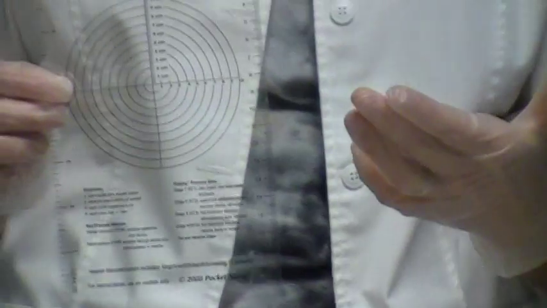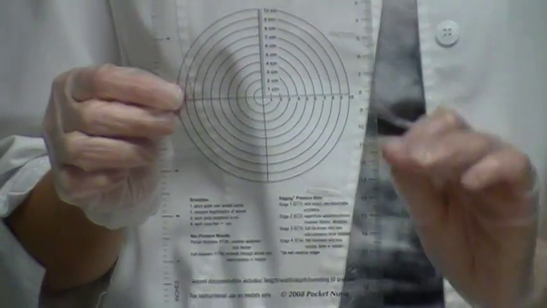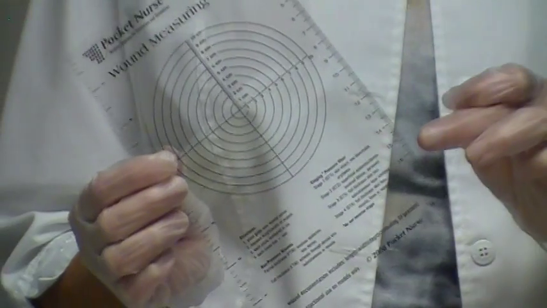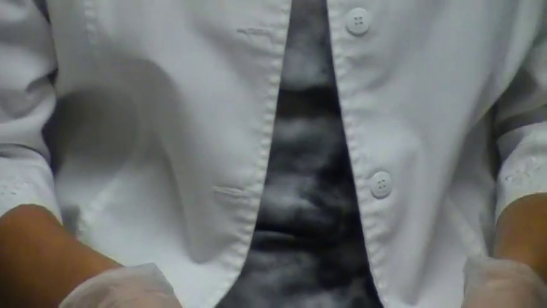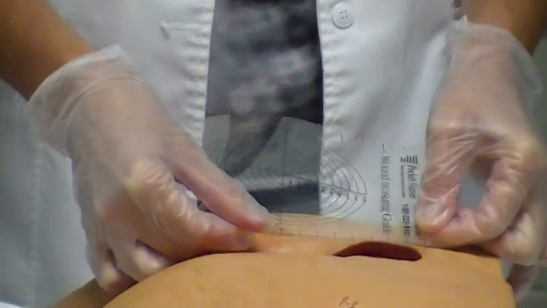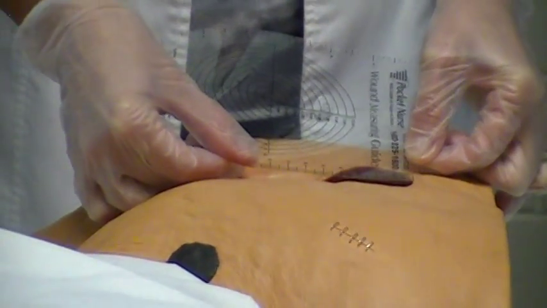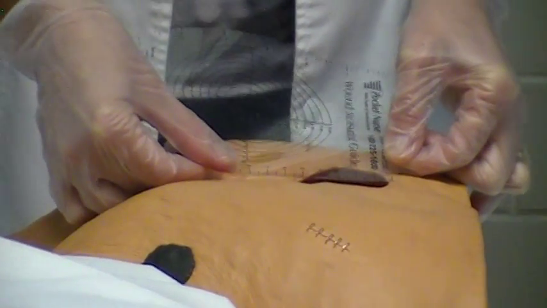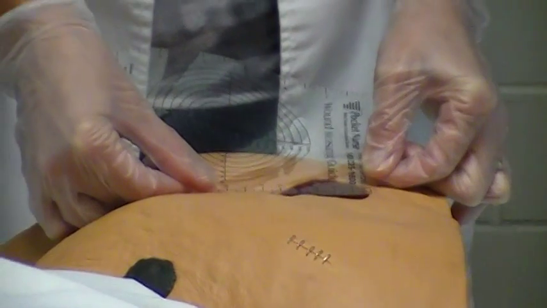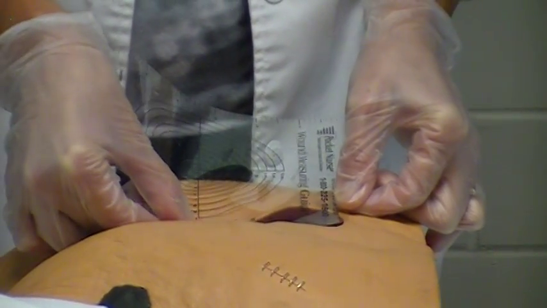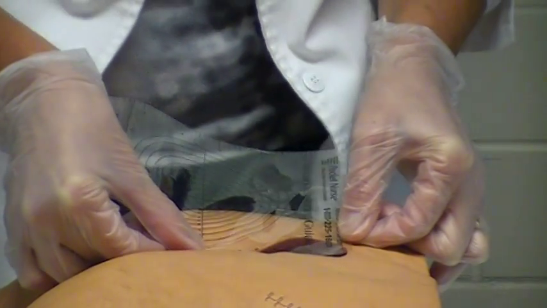Now there are other types of tape measures on the market that will only have the centimeters measurement just like it is on the side. This one you've got a few different options. So what I'm going to do first is lay the tape measure on top of the wound. Now I'm not touching the inside of the wound because remember that's sterile. I'm simply laying it over the top outer portion of the wound.